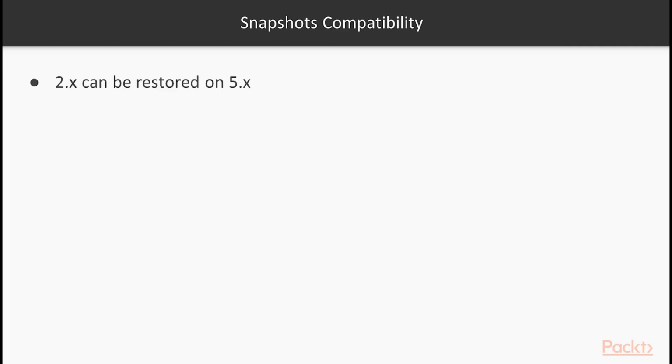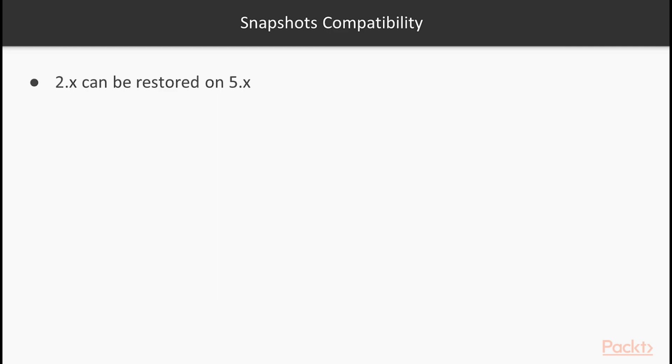Per Elasticsearch documentation, a snapshot can only be restored to a compatible version of Elasticsearch. It's important that we talk about compatibility quickly because maybe some of you are running Elasticsearch 2.0 and want to upgrade to 5, or you're on version 1, etc. But there are rules regarding which version of Elasticsearch is compatible to the other. So according to the documentation, when you look at the chart, basically it's about the next version up.